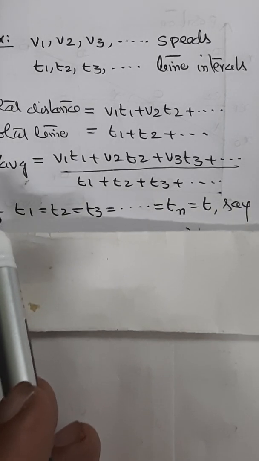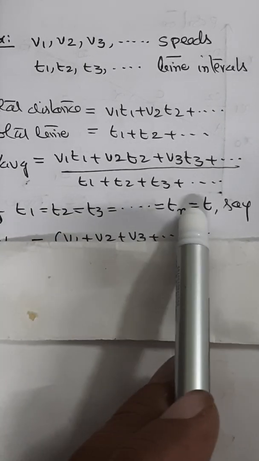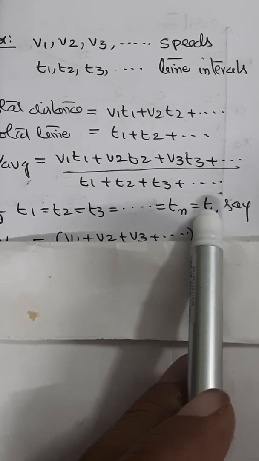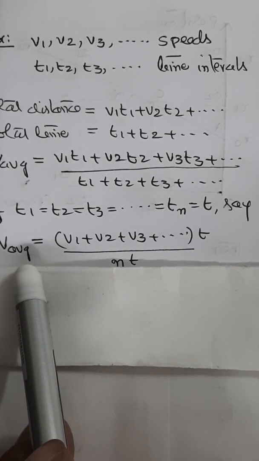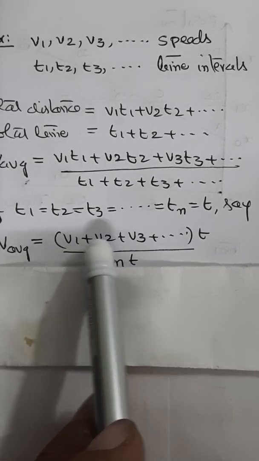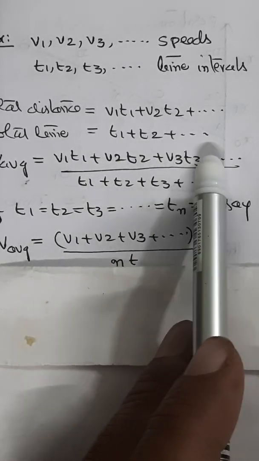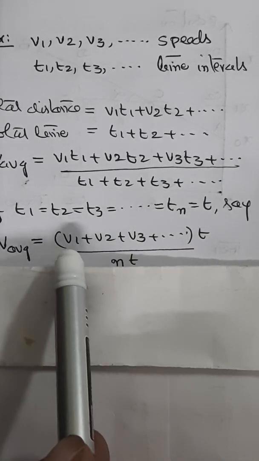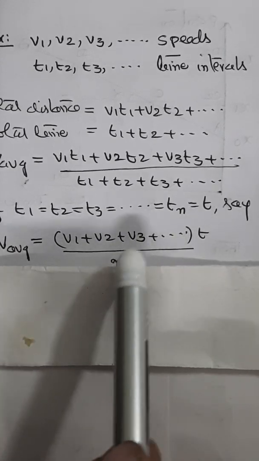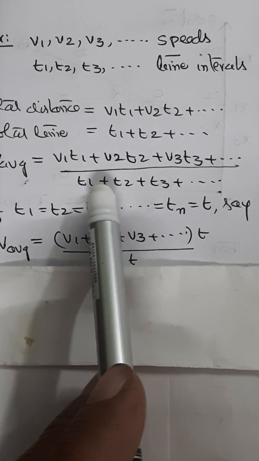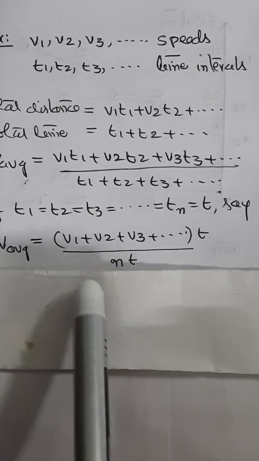In this situation, let us say t1 is equal to t2 is equal to t3, etc., up to tn, is equal to t. Then from this equation, we can write the average speed as v1 t plus v2 t plus v3 t, etc. You can take t common out in the numerator and write v1 plus v2 plus v3, etc. into t, divided by t for each of the n intervals. Therefore the denominator becomes n into t.